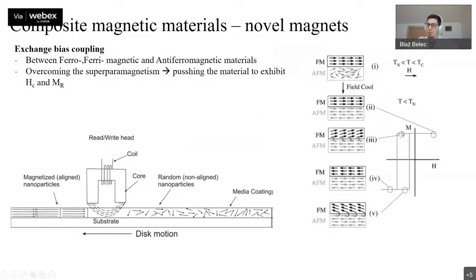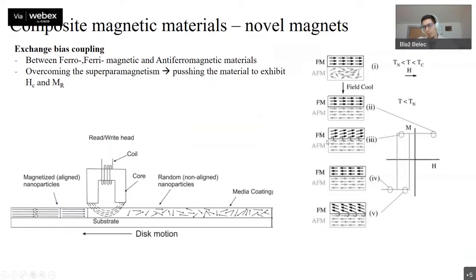Then we start to decrease the magnetic field. Ferromagnetic spins start to flip towards the external field, but the antiferromagnetic materials stay the same.